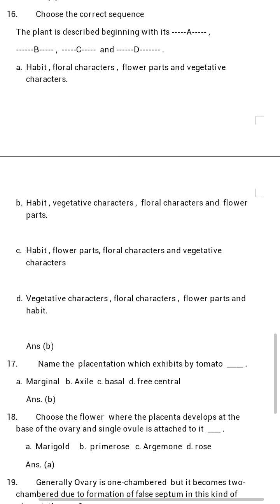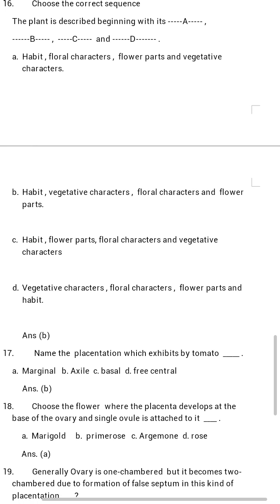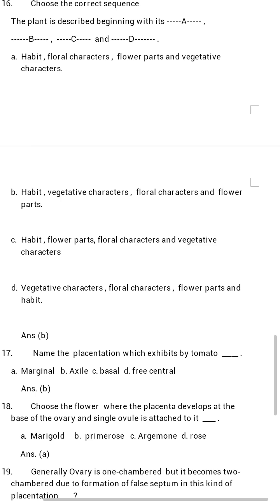We need to identify the correct sequence from the given four options. Let us see one by one. So here, in the morphology of a flowering plant, when we are describing the morphological features of any plant, we should start generally with habit.